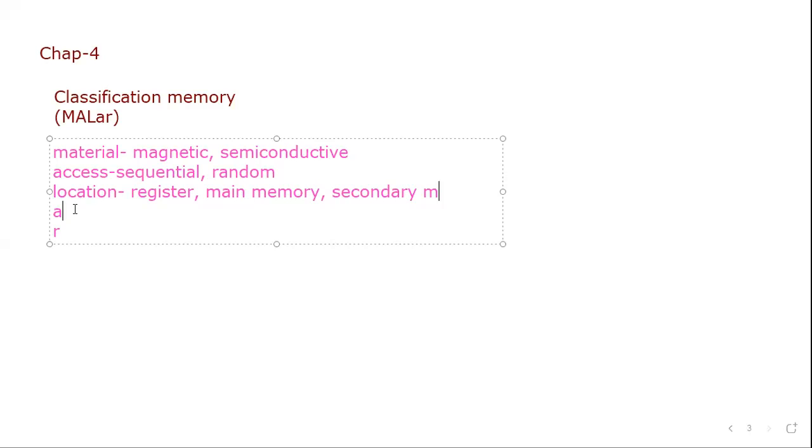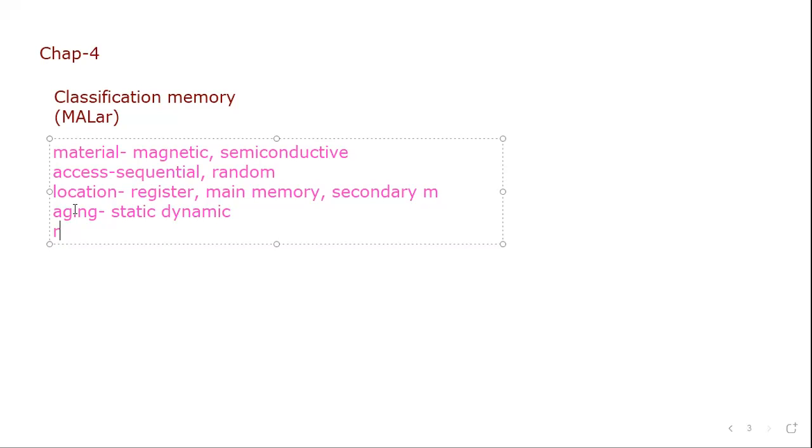The next A is about aging. Aging means whether the memory contents are static or dynamic. Will they be retained for longer in memory, or will they need to refresh?